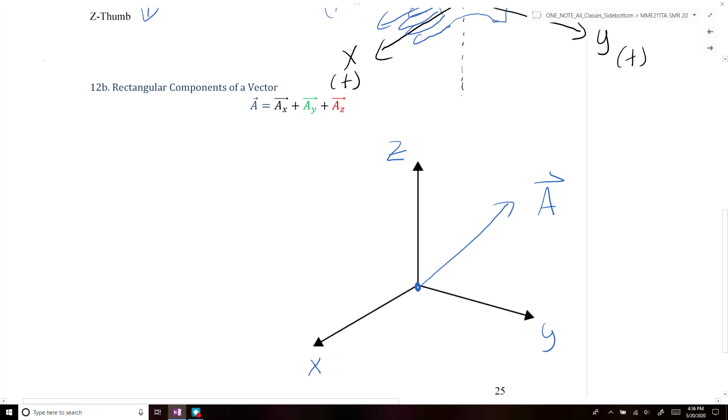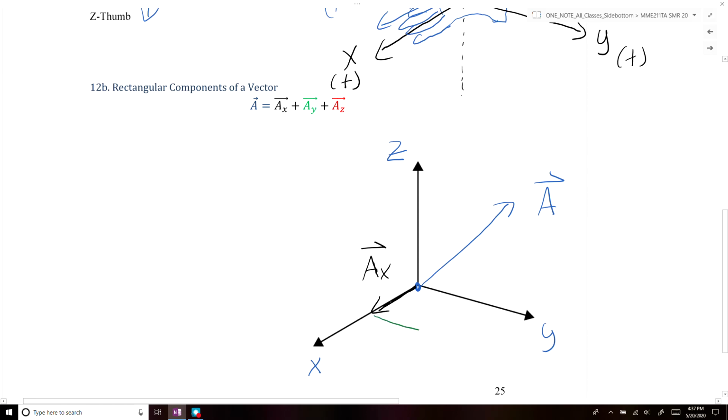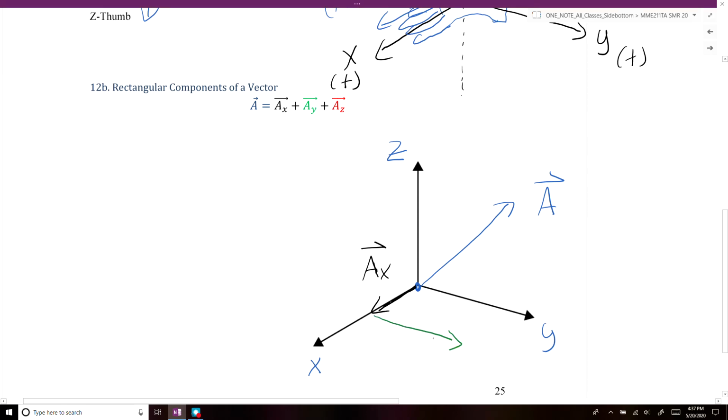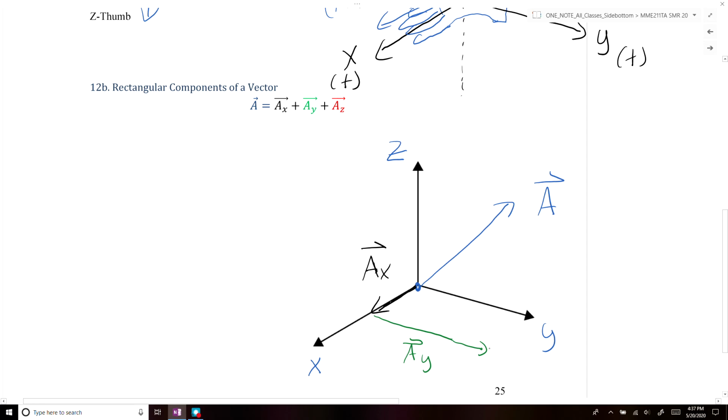We have a part of vector A that goes along the x-axis, vector AX, a vector that goes along the y-axis, vector AY, and a vector parallel with the z-axis, vector AZ.